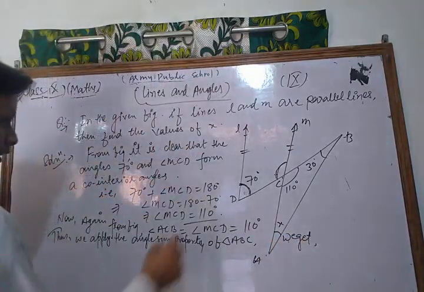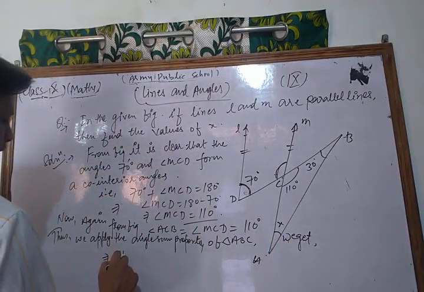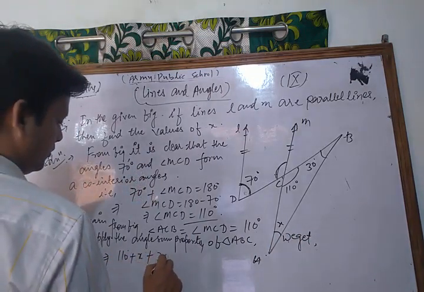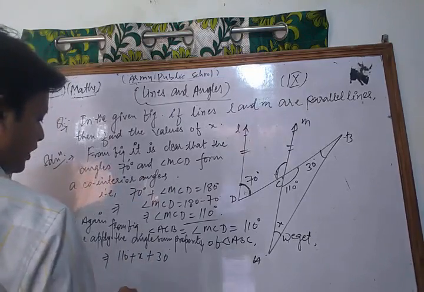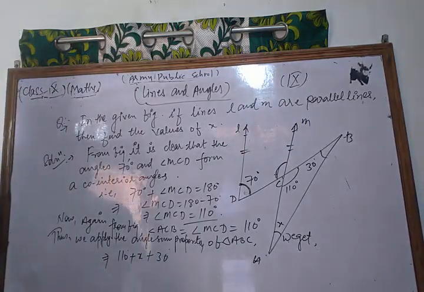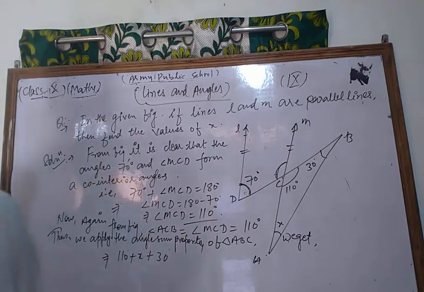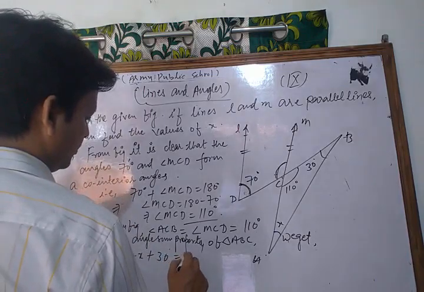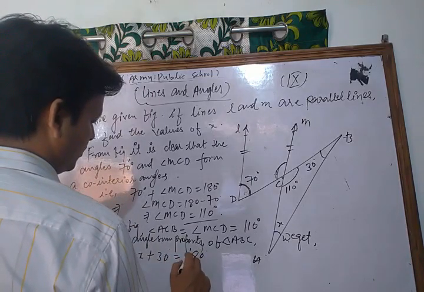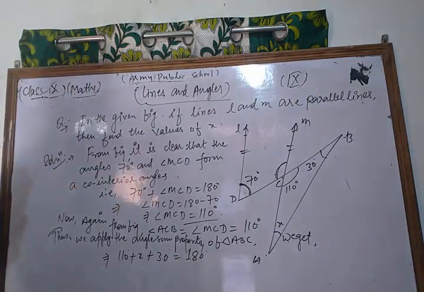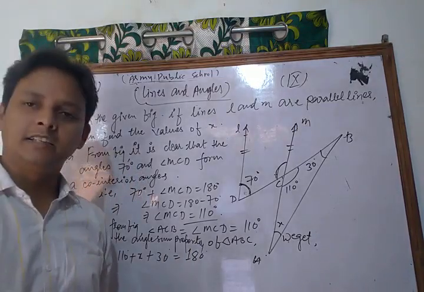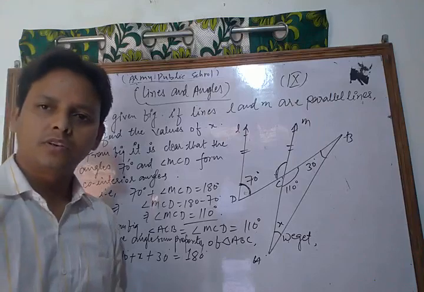We get 110 plus x plus 30 is equal to 180 degree, because the sum of all angles of a triangle is 180.